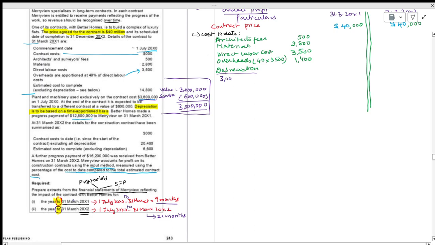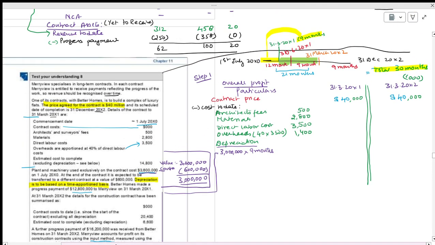3 million times, what is the first one? I am putting this here. Is it right? First one is how much? It is for 9 months. Total months are how much? 21. Total months are how many? We have calculated here: 30 months.